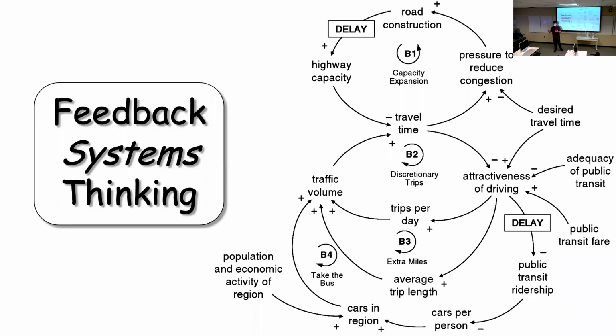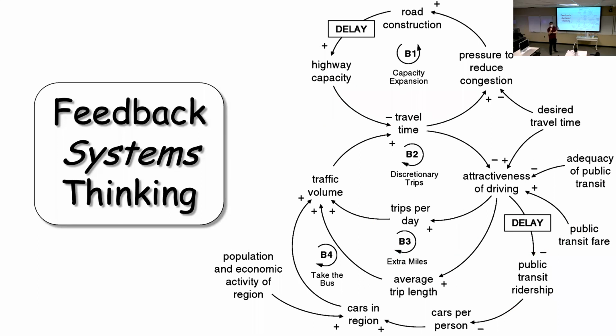Absolutely. And then we would have to choose what we're calling sustainable. Maybe sustainability means continued economic activity without a significant increase in highway capacity over the next 100 years or something like that.